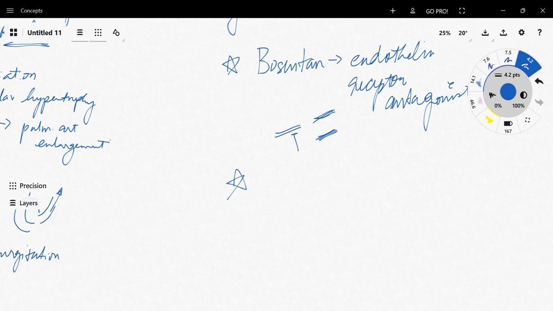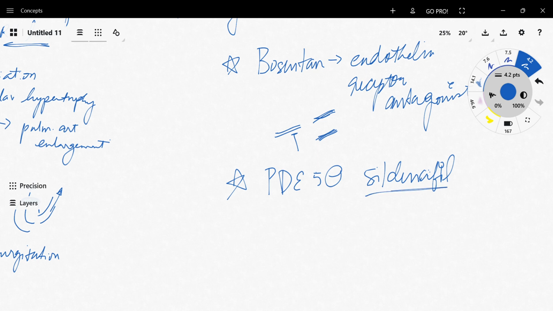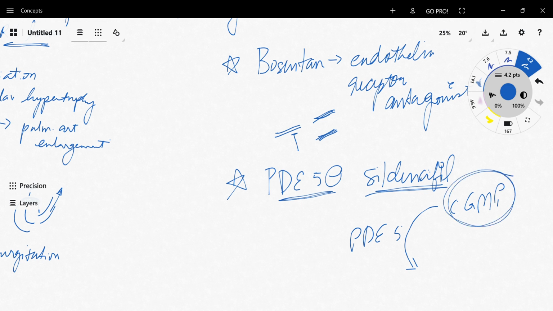Okay, the next drug I want to talk about is PDE5 inhibitors like sildenafil. Do you remember where we saw this? We saw this in erectile dysfunction, right? So what PDE5 does is that it breaks down cyclic GMP, which is a vasodilator.